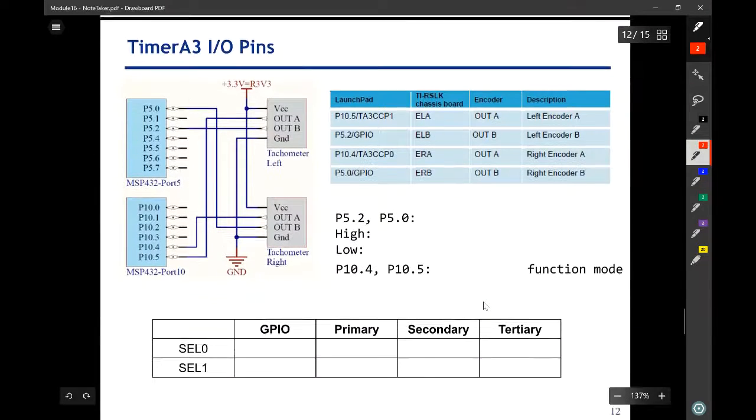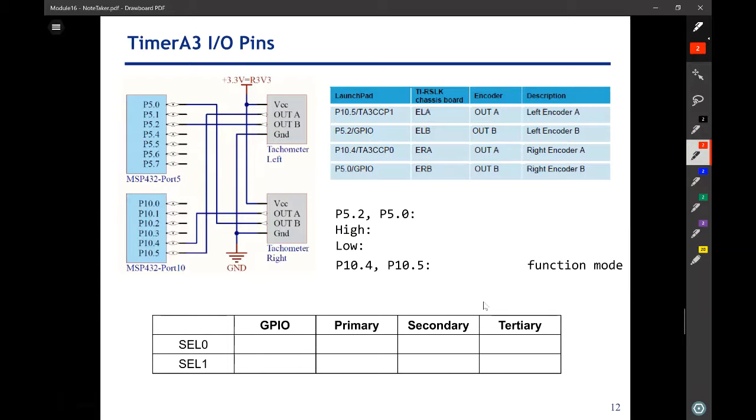Okay, so the IO pins. Port 10.5 and 10.4 are the timers. Basically that gives us the number of pulses from the tachometer. And then 5.2 and 5.0 are GPIO, and that gives us the wheel direction.